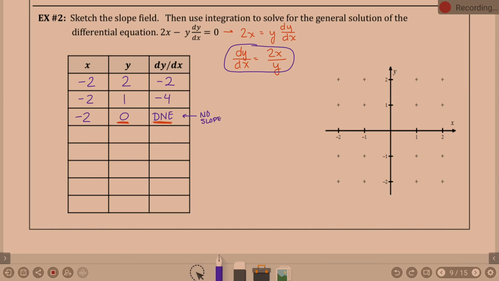Okay, what about -2, -1? Okay, +4. Sorry, my brain was working a little slow there. -2, -2? +2.